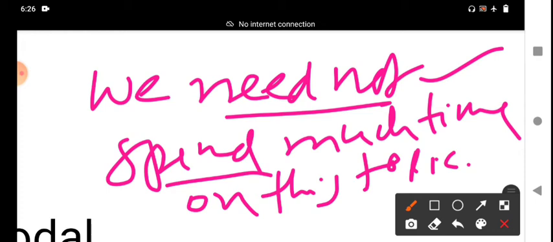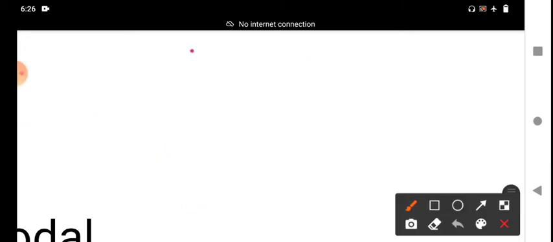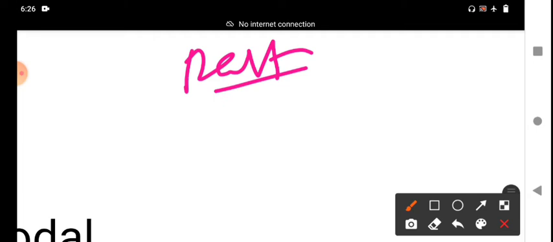That is for the present and future also. At present I am talking. When there is no obligation in the past, how do we express it? No obligation in the past event. In the past time, how do we express no obligation? Instead, we say we did not have to.